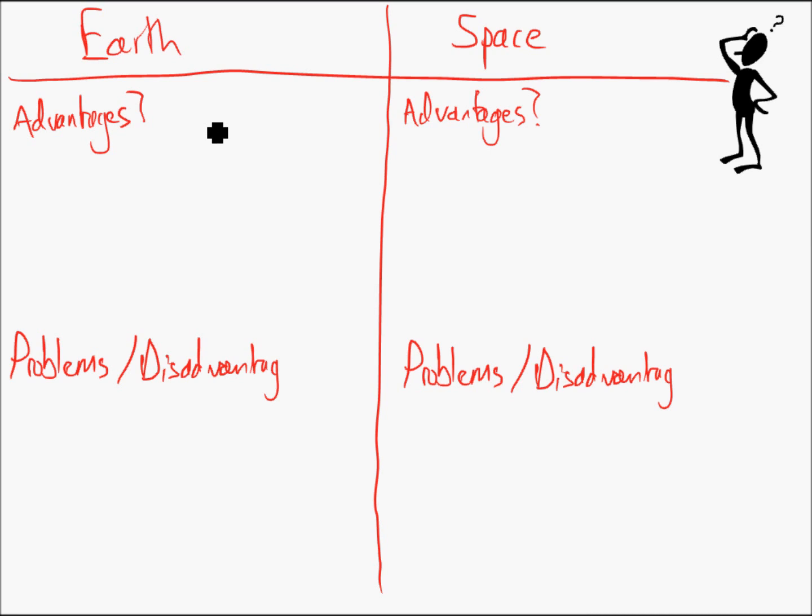Okay, so from Earth, we can access them easily, and they're much cheaper than doing it in space. I'll put down that's a problem with space, very expensive and bad for access.